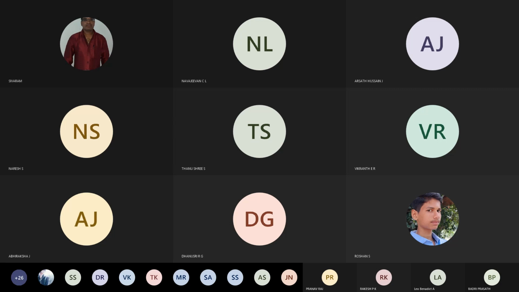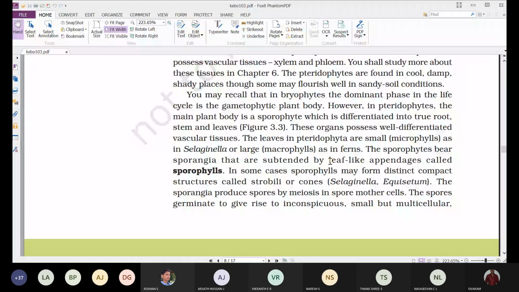And next, the leaves in pteridophyta are small. That means in some of the plants included under pteridophyta, the leaves are small. If the leaves are small, they are called microphylls. It is observed in case of Selaginella. Selaginella is an aquatic pteridophyte.